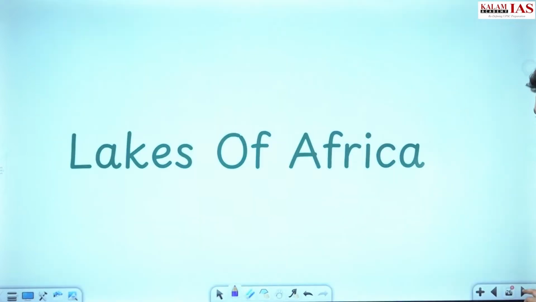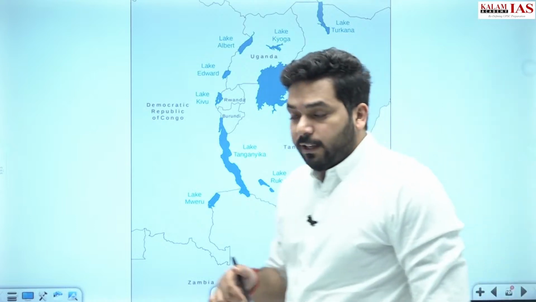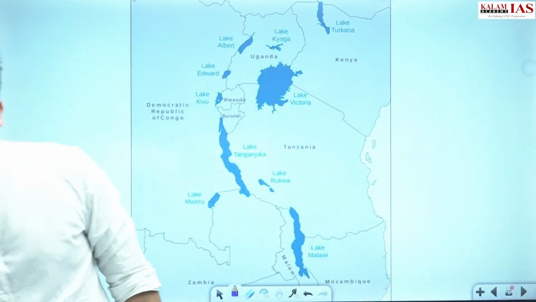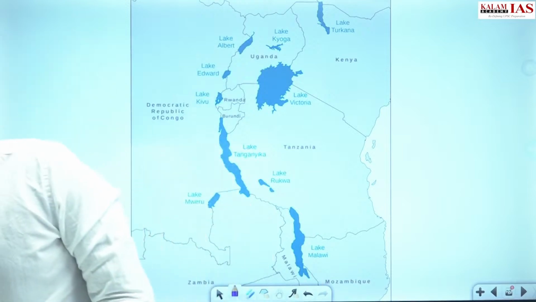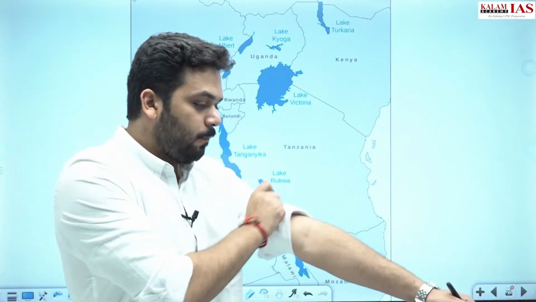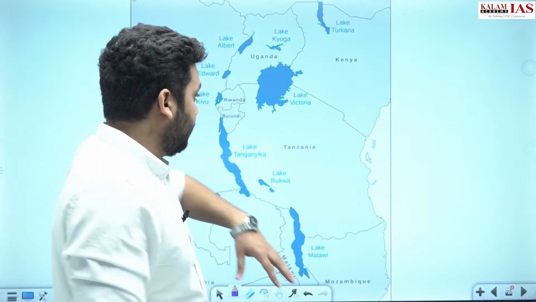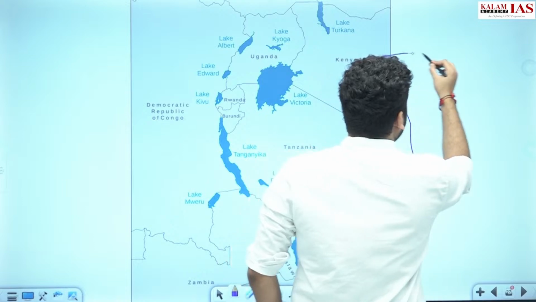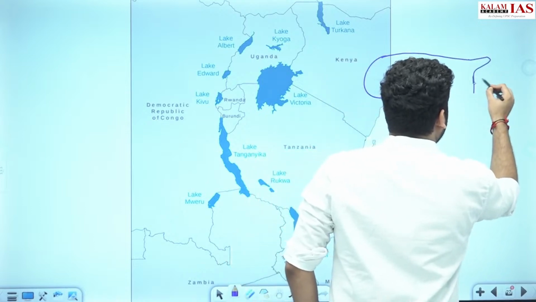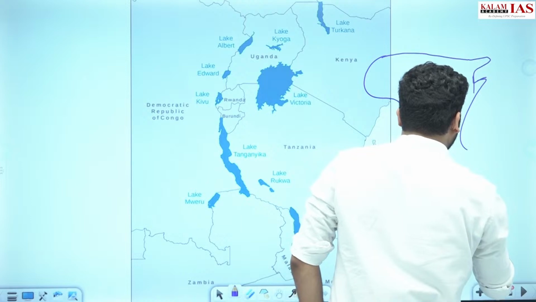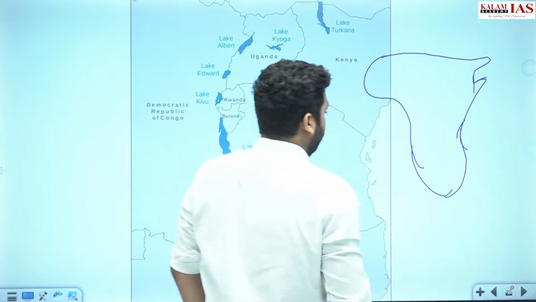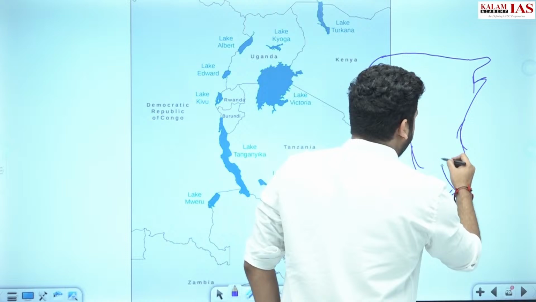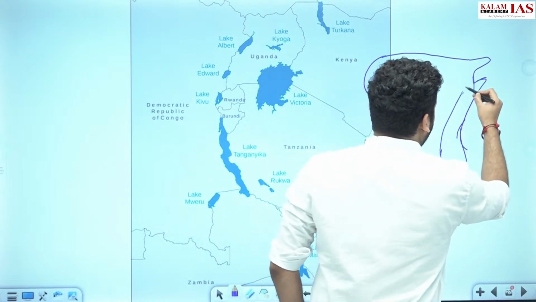Now let's look into the lakes of Africa. When we were starting our class, we discussed the Great Rift Valley of Africa. We discussed that this part of Africa is breaking.